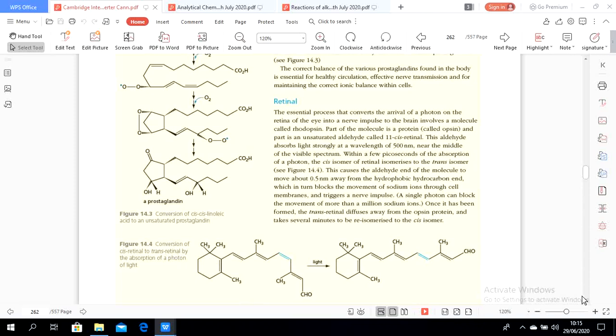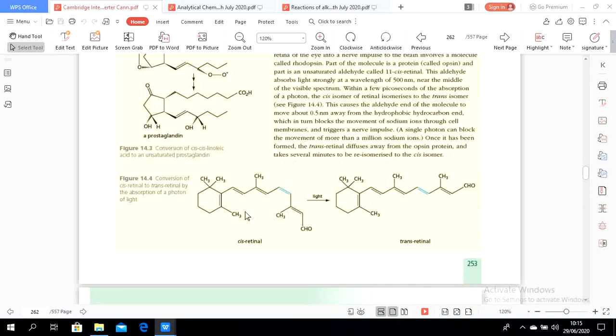This is the structure. This is called the cis, and this one is called the trans. It is quite difficult for us to see directly where is the cis and where is the trans if we do not see clearly. The cis-trans is located in this double bond.